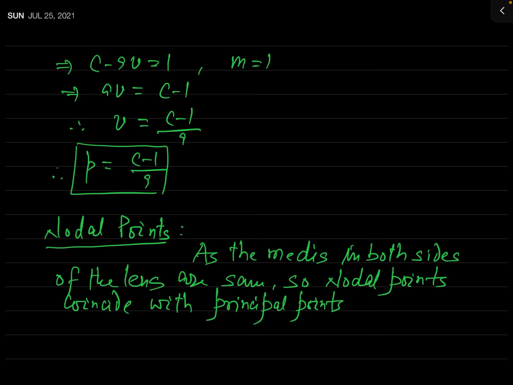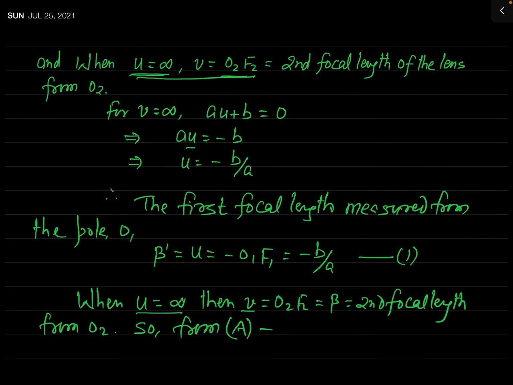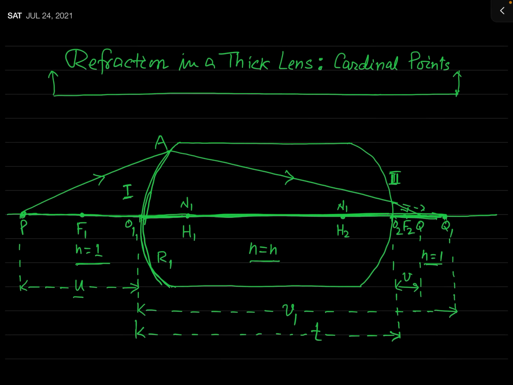Therefore you can see this figure. I have shown this situation in this figure. N1 is the first nodal point, and H1 is the first principal point. This point denotes the position of the first nodal point and also the first principal point. Similarly, N2 is the second nodal point and H2 is the second principal point, and both are coinciding.